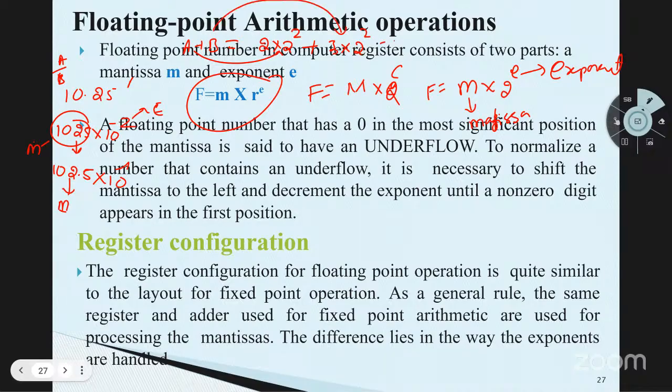How do we do this now? Take the exponent common, therefore 2 plus 3 into 2 square. Both exponents are the same, so 5 into 2 to the power 2. We are performing the addition only, but taking the exponent common. For subtraction also it is the same.